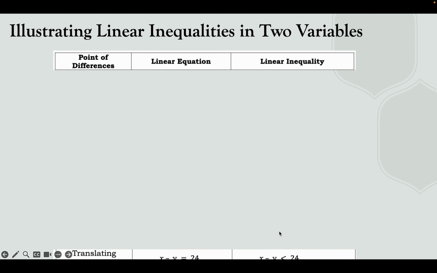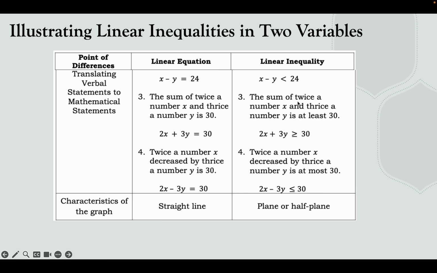Next, the sum of twice a number x and thrice a number y is at least 30. So we have 2x plus 3y greater than or equal to 30. Next, twice a number x decreased by thrice a number y is at most 30. So we have 2x minus 3y less than or equal to 30.